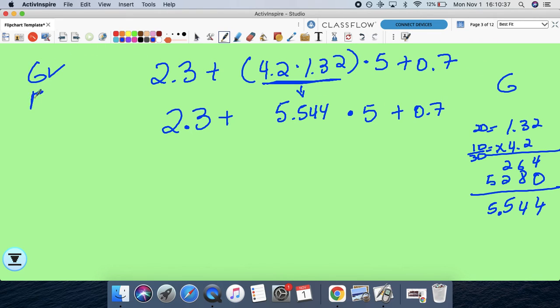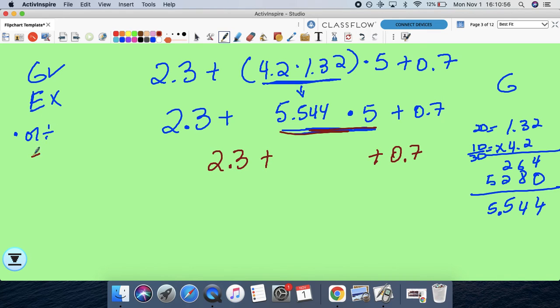Now, let me put that over here. Grouping, done. Exponent, no. Multiplication or division, yeah. There's a multiplication right here, guys. So we got to do that. So 2.3 plus whatever this is plus 0.7.